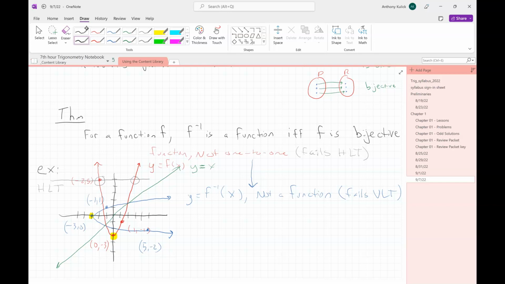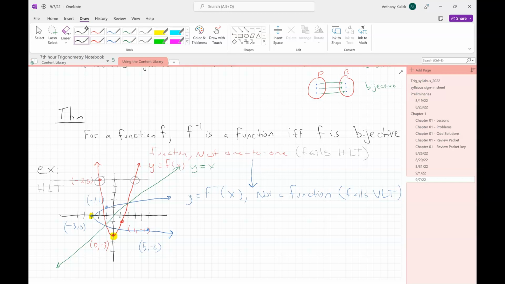So the horizontal line test tells me if a function is one-to-one or not. And that result will tell me if the inverse is a function or not. So I could say something in this case like, because f inverse fails a horizontal line test, it's not one-to-one. And since f is not one-to-one, f inverse is not a function.